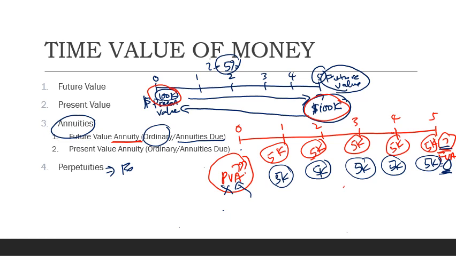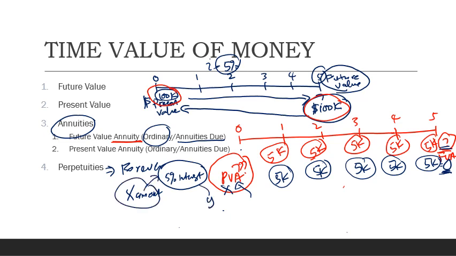So it means that if I have an amount X with an interest of, for example, 5%, what is the amount of money that will give me a Y dividend or return that goes on forever?